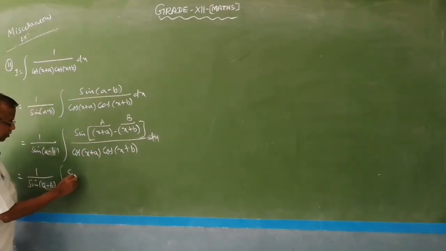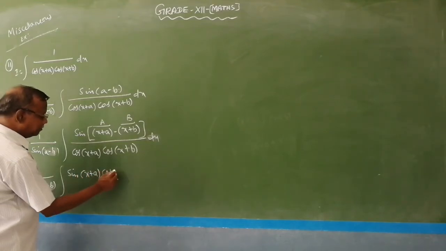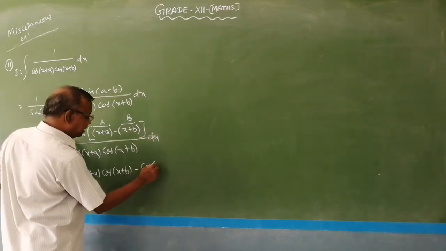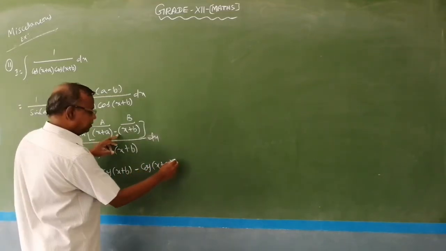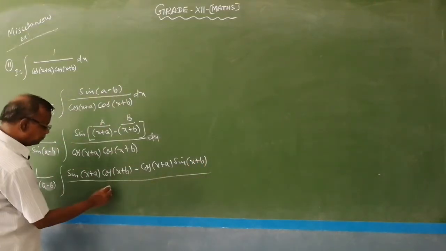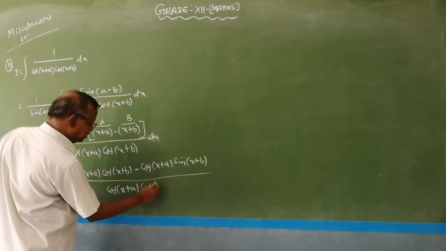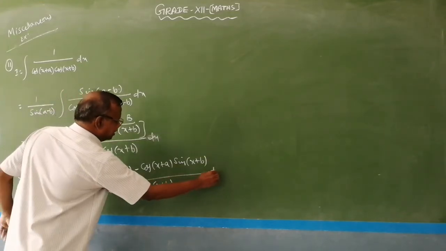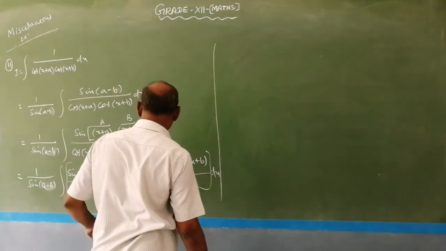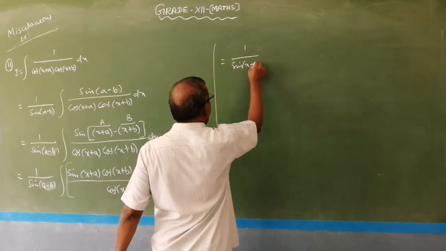So it is sin a means sin of x plus a into cos b means cos of x plus b, minus cos of x plus a into sin of x plus b, whole divided by cos of x plus a into cos of x plus b into dx. So this is 1 by sin of a minus b only.